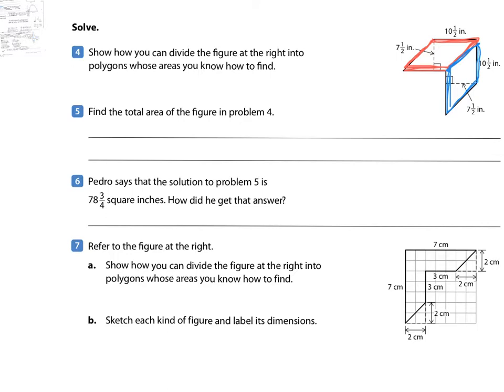So it says find the total area of the figure in problem 4. To do that, we are just going to multiply the length times the width, which means I got to take 10 1/2 and multiply it by 7 1/2. So finding the area of one of those parallelograms comes out to be 78 3/4, and we would call that in square inches.